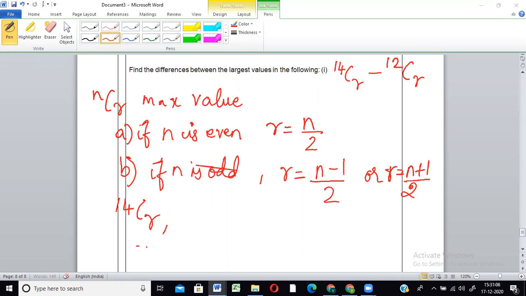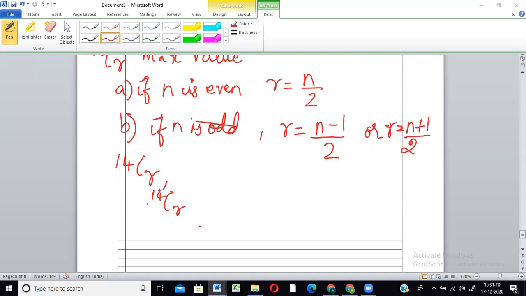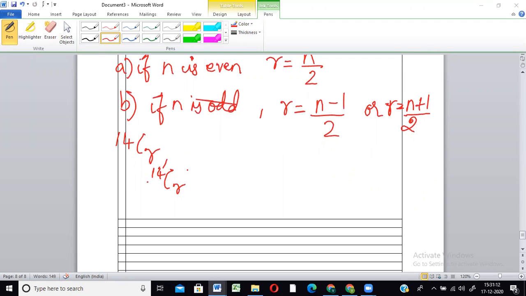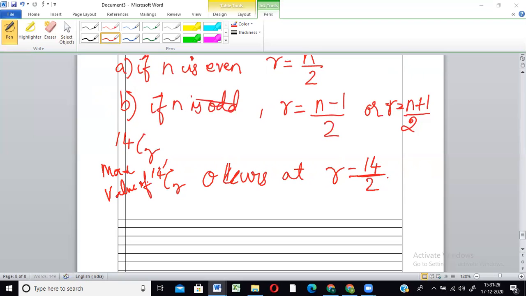So therefore the maximum value of 14CR occurs where? It occurs at R is equal to N by 2, or 14 by 2, which is equal to 7. Okay.